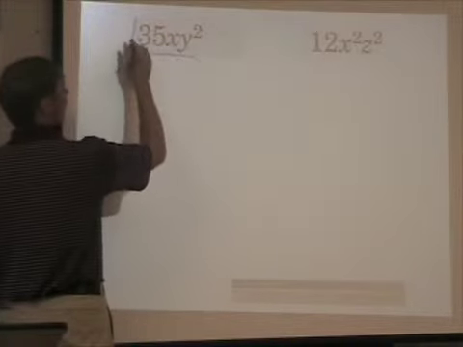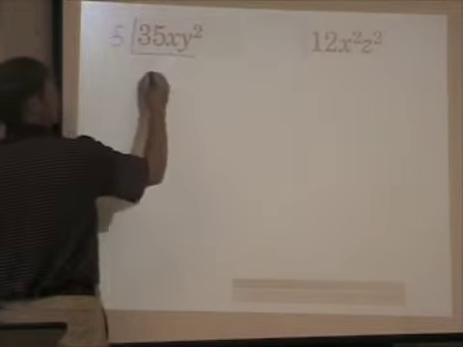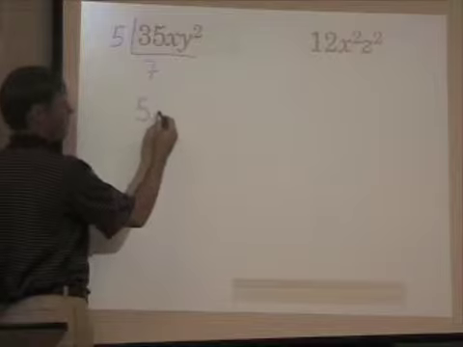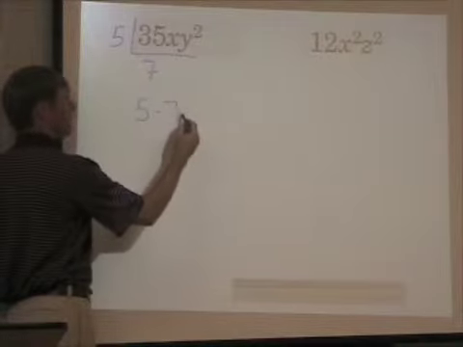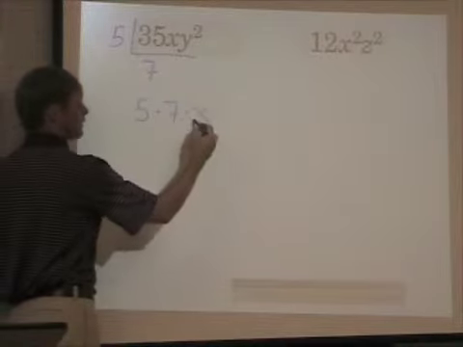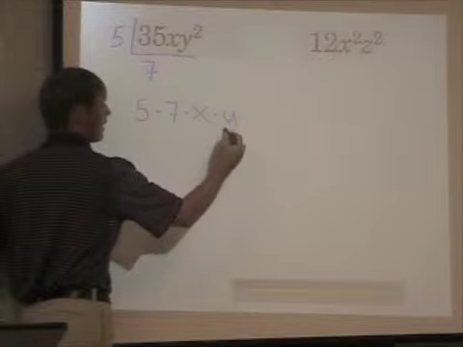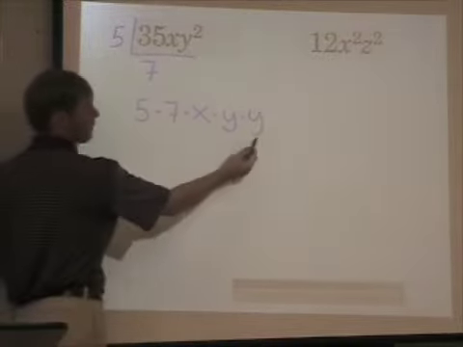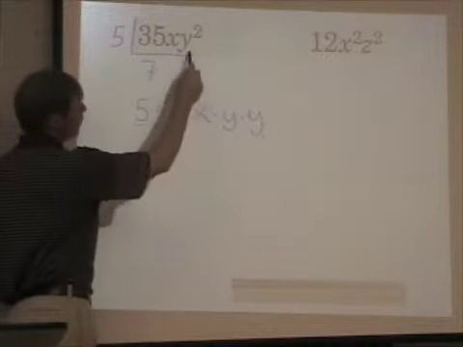Into 35 goes 5 times 7. So now my factor of 35xy squared is 5 times 7 times x times y times y. Does everyone understand where I got 2 y's? From y squared.